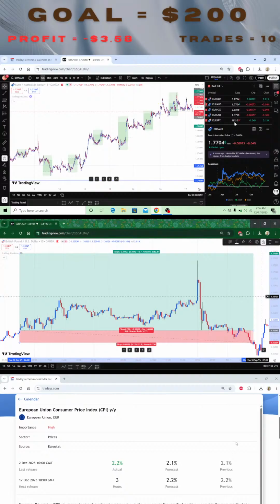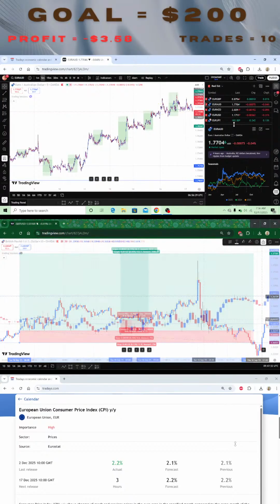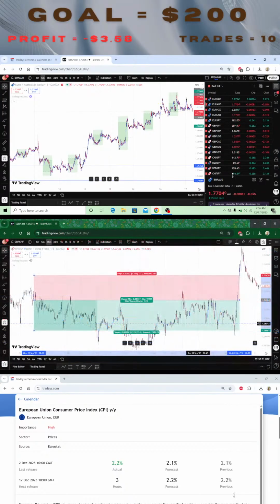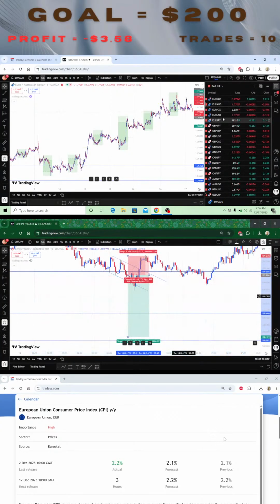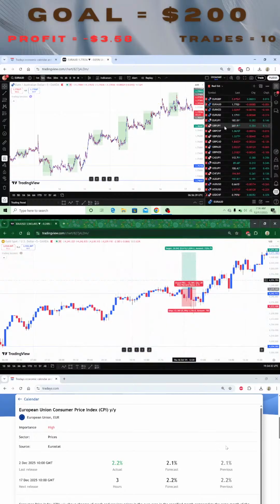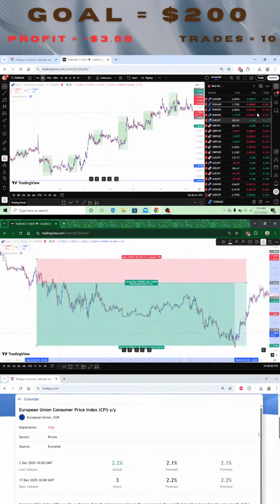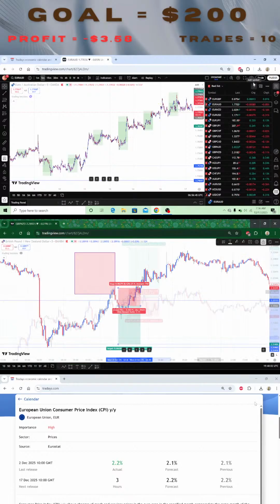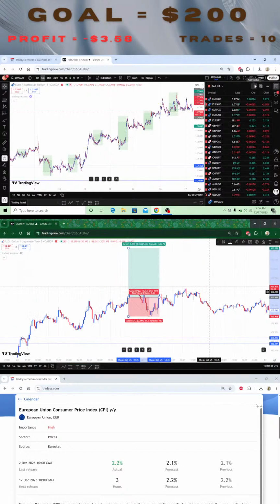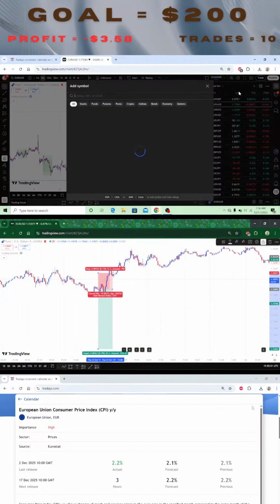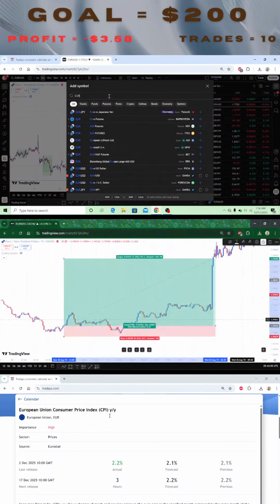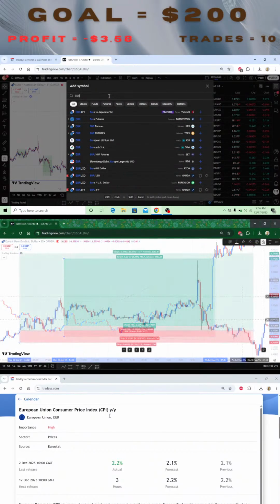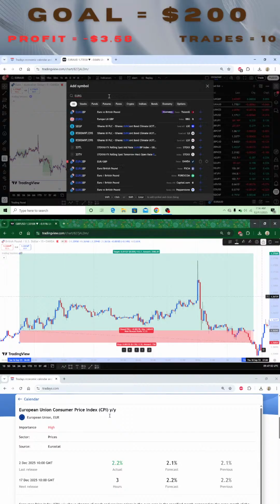Now, as you can see here, I have so many ranges of pairs that I focus on. Euro GBP, Euro AUD, Euro NZD, Euro USD, Euro JPY, Euro GBP JPY, and all of that. If I want to add a new currency pair, I just go to this add symbol here, click it and search for whatever I want, let's just say Euro GBP.